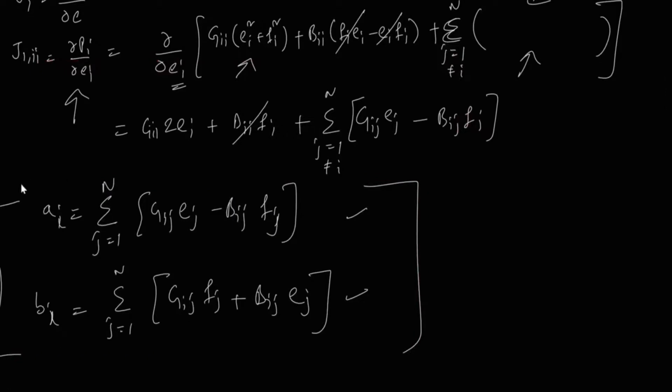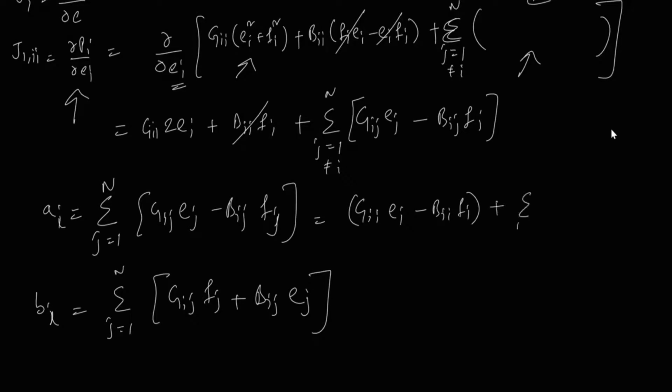What can I write here? If I take the Ii term outside, this is Gii Ei minus Bii Fi plus summation j equals 1 to n and j not equal to i, Gij Ej minus Bij Fj. Right, I am writing Ai in this form.